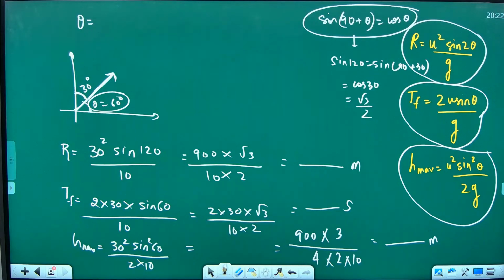So theta will come between 0 and 90, sir. Theta is in between 0 and 90, obviously. You can just tell me the answer in terms of ratio, no need of saying the exact value.